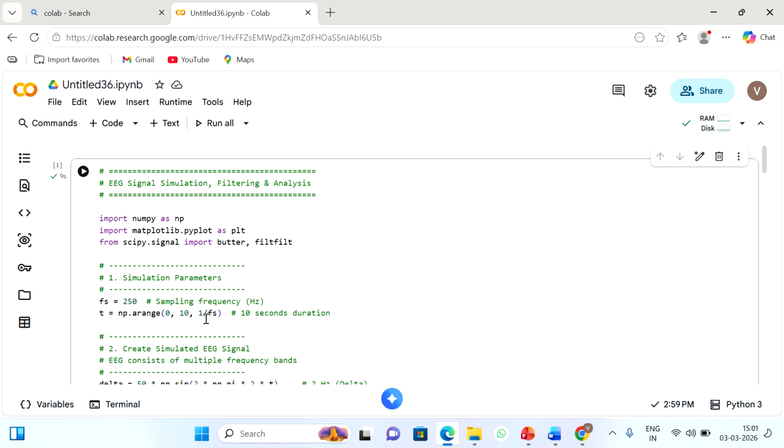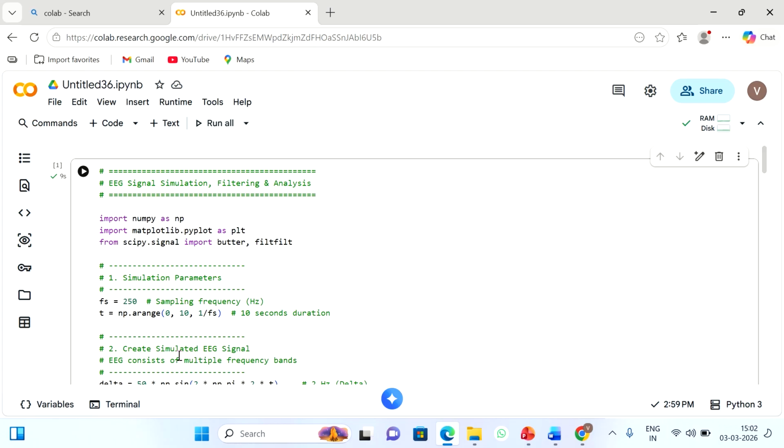So total samples are 250 into 10, that is 2500 samples. Zero to 10 seconds is divided into 2500 samples.